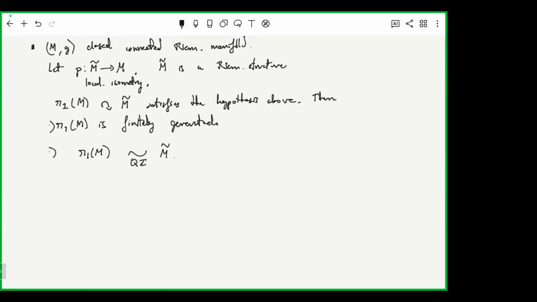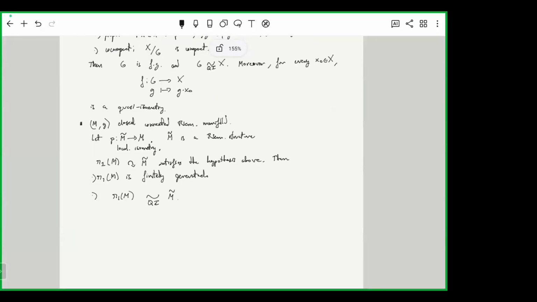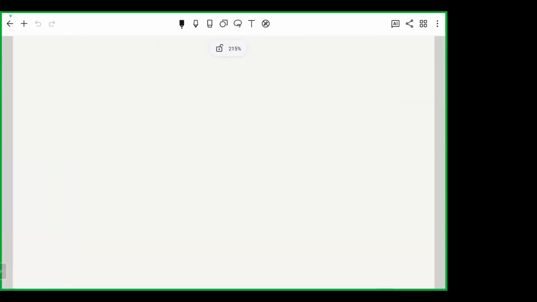Let's see some examples of this in action. One of my favorite closed Riemannian manifolds is the circle. We know that the universal cover is the real line.